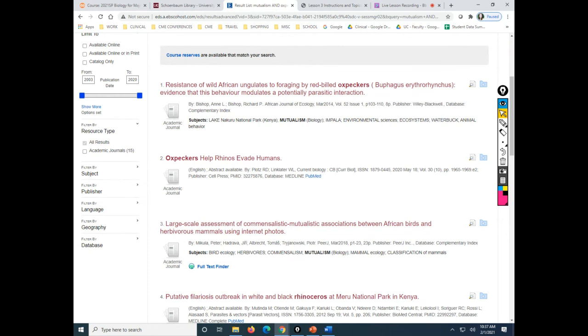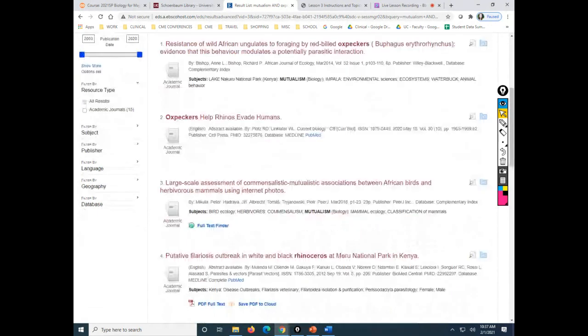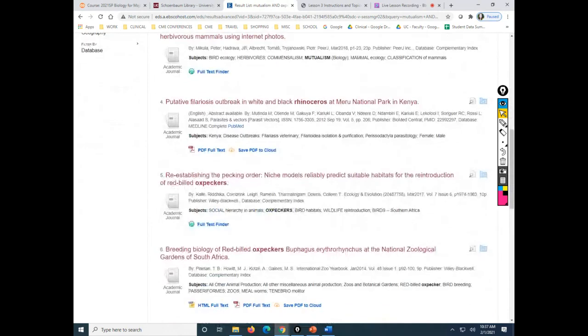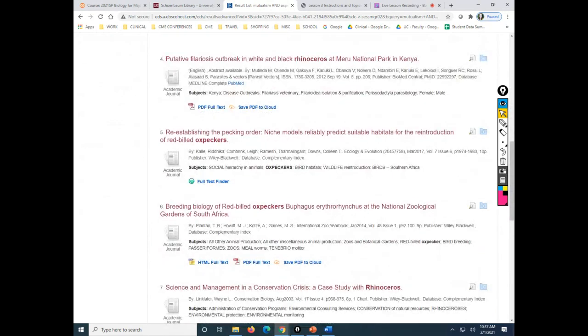Hopefully there won't be any major dissertations here, which are like 150 pages. So we can use this to start looking through and find, well, what looks interesting? What looks readable?